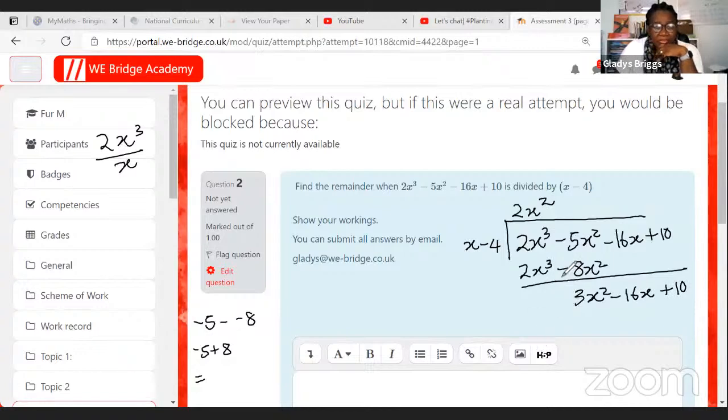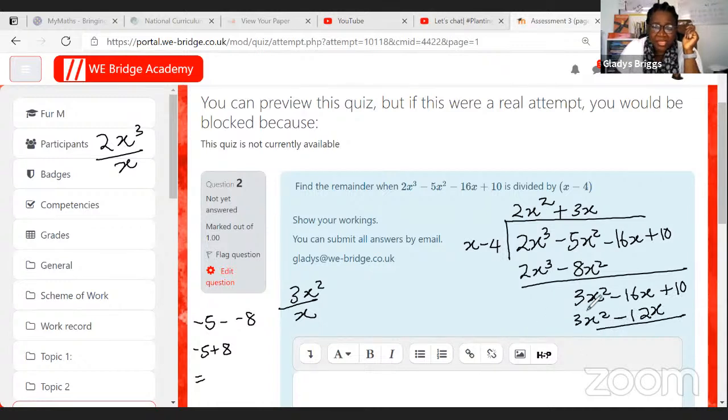Okay. Now to start the algorithm again. 3x squared divided by x is going to give you what? 3x. So plus 3x. 3x times x is 3x squared. 3x times negative 4 is negative 12x.